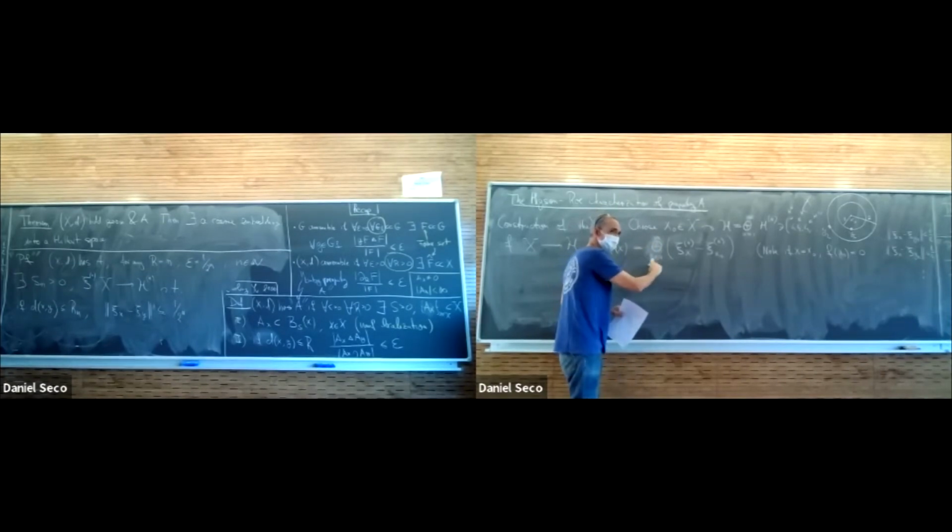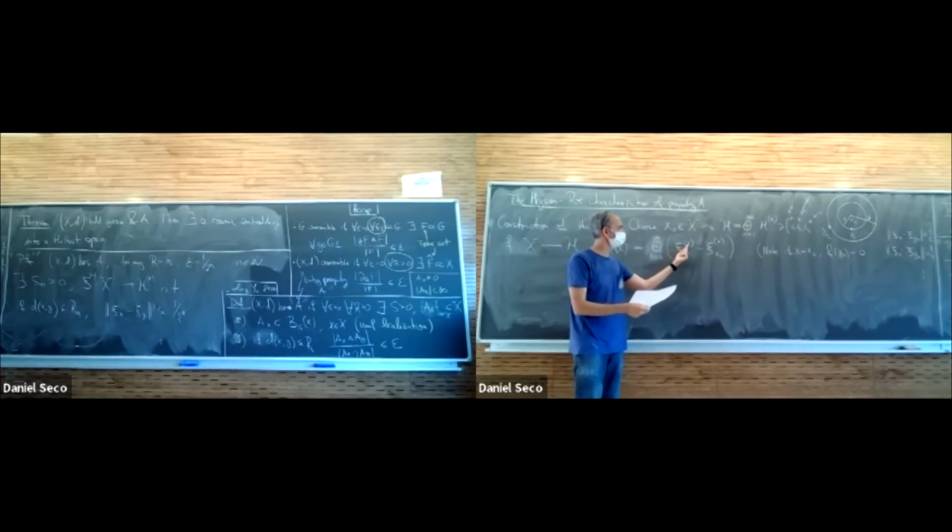If I write here the normal sum, you may think that all these guys live in the same Hilbert space, but they change according to n.